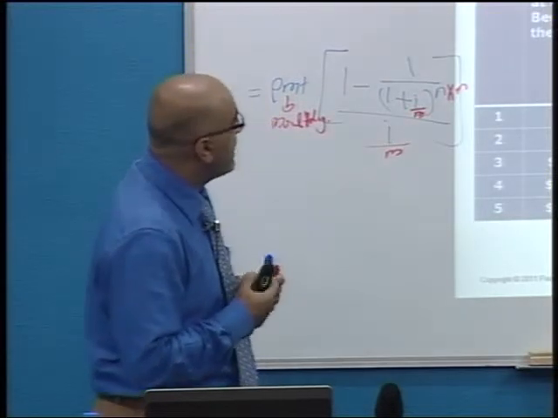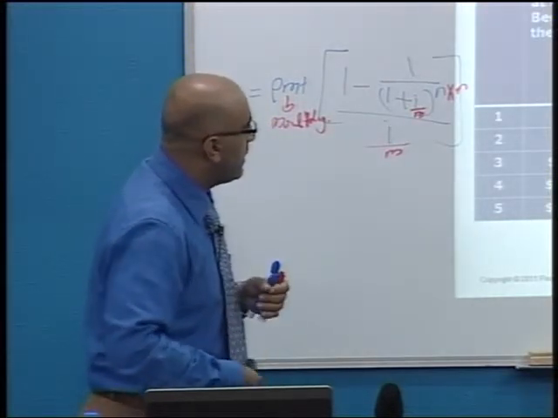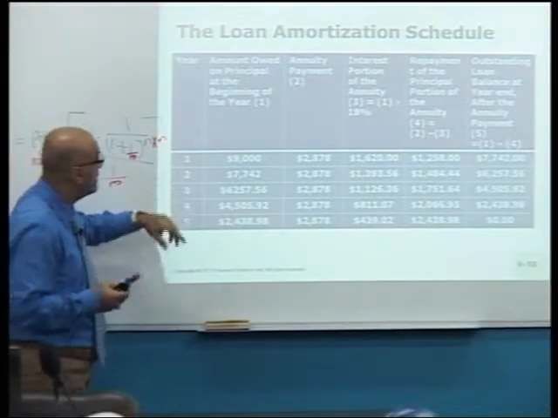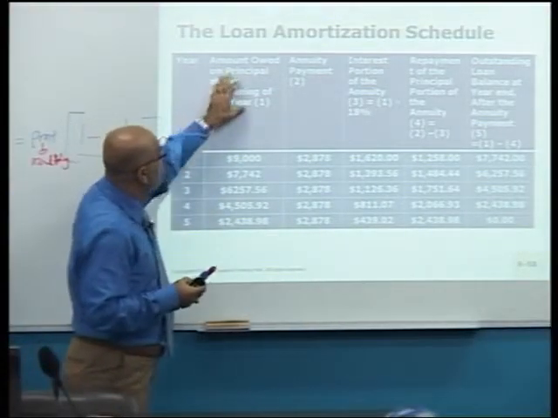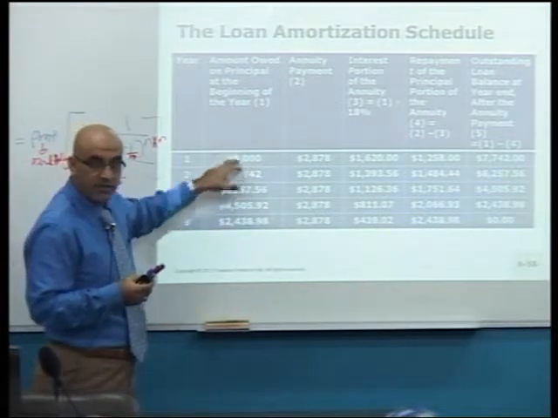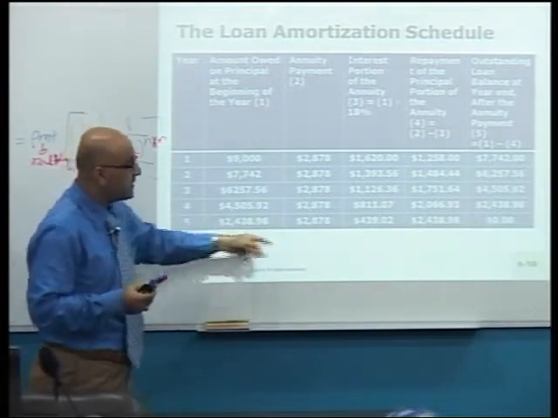The loan amortization schedule shows you how we pay off the loan. Here is the number of years, 1, 2, 3, 4, 5 years. This loan is paid off within 5 years. This is the amount owed, starting at $9,000 and ending at 0.